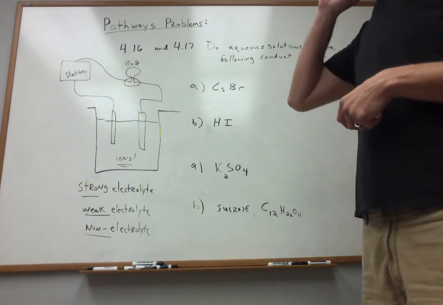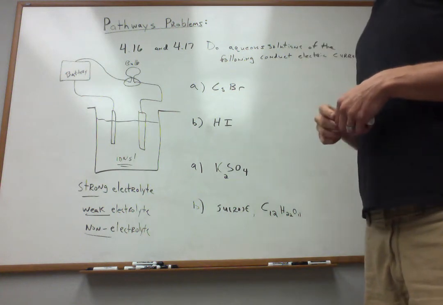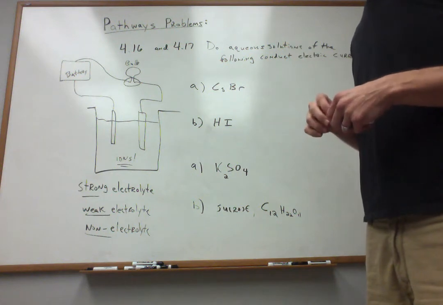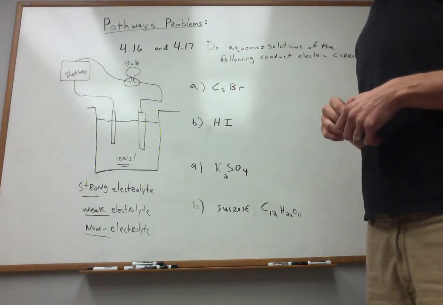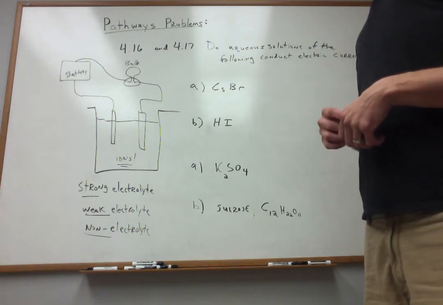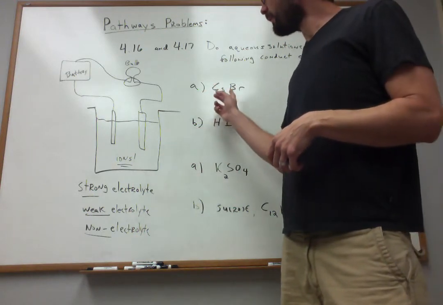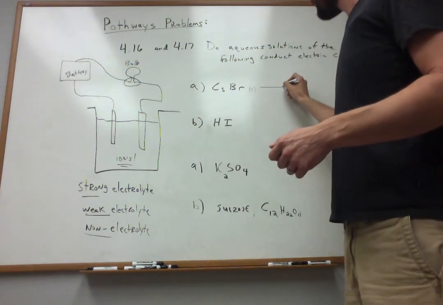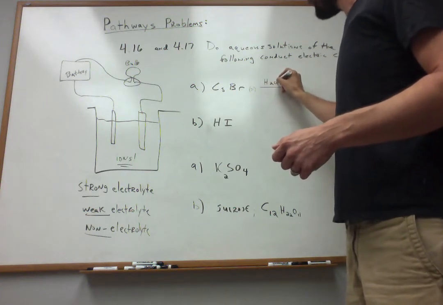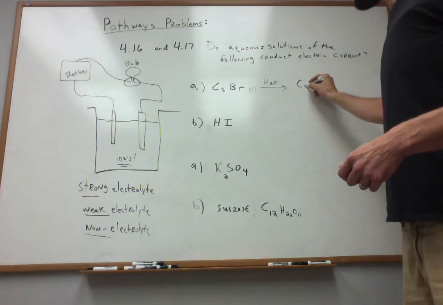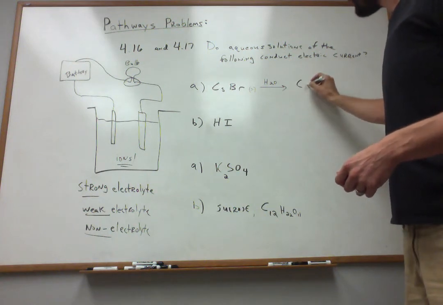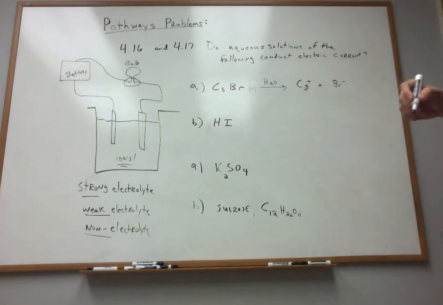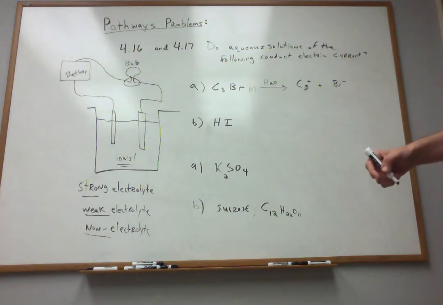So the first one is cesium bromide. This is an ionic compound made from a metal and a non-metal. That's what you should recognize immediately in problems like this. Ionic compounds, generally speaking, if they are soluble, will dissolve in water to form ions. The solid will be placed into liquid water, and the ions are said to dissociate or separate from one another to make cesium +1 and bromide -1.